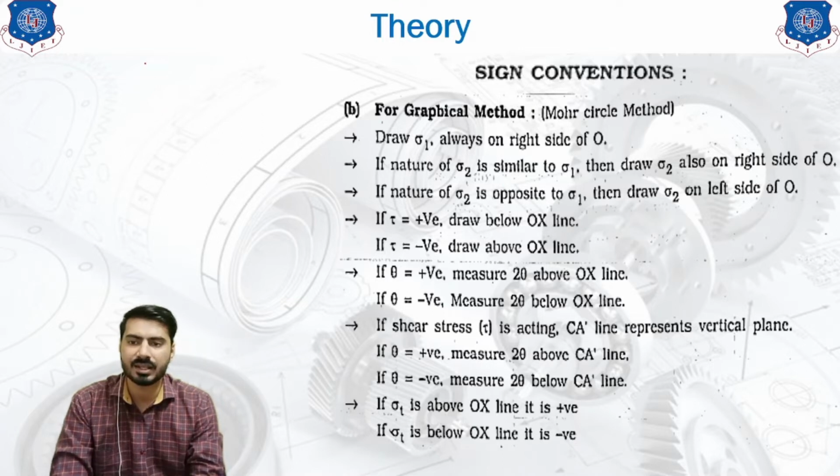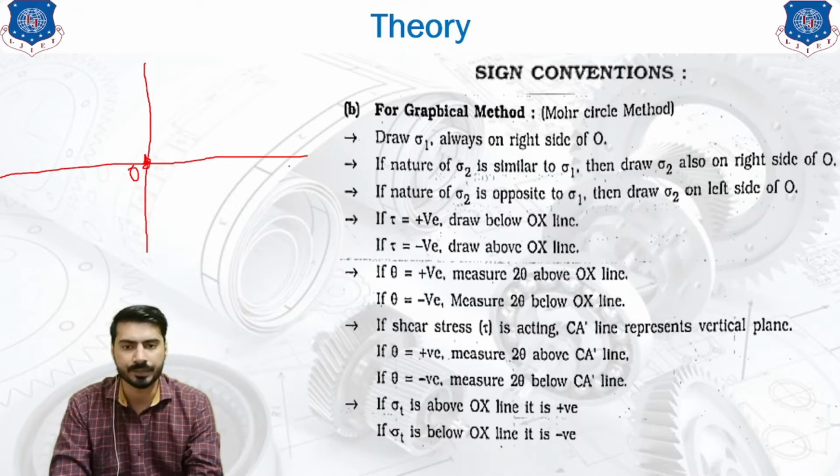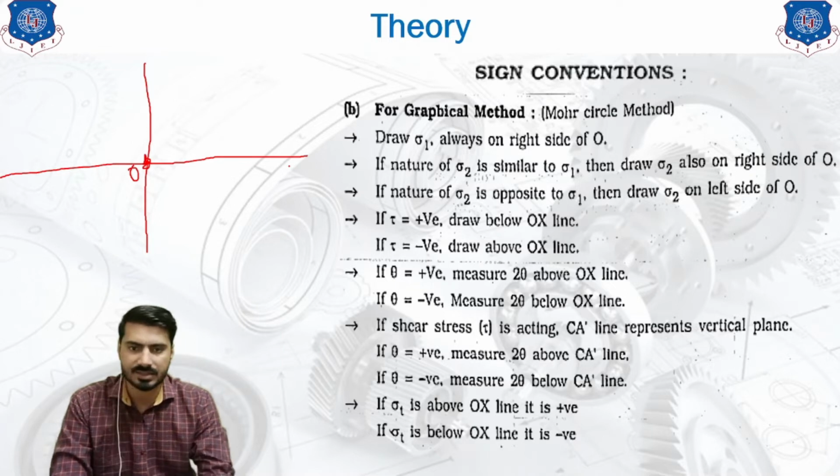Let's say we are taking reference axes like this. This is our vertical reference axis and this is our horizontal reference axis. The origin point or center point will be our O point. So you have to draw sigma 1 on the right portion of O, which means it's in the first quadrant only. That's our first rule that we need to follow.